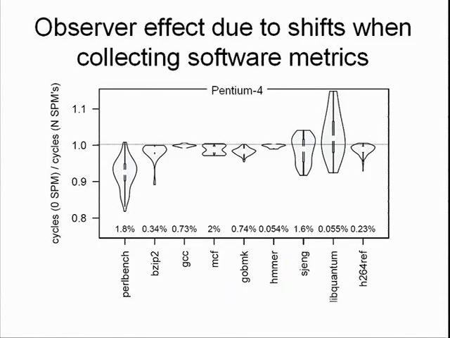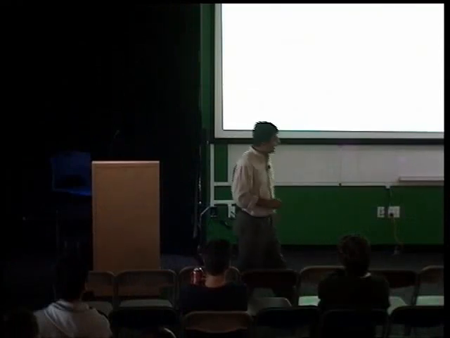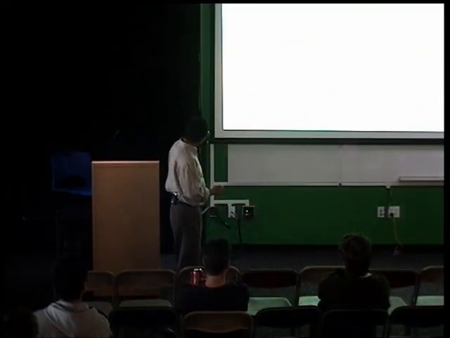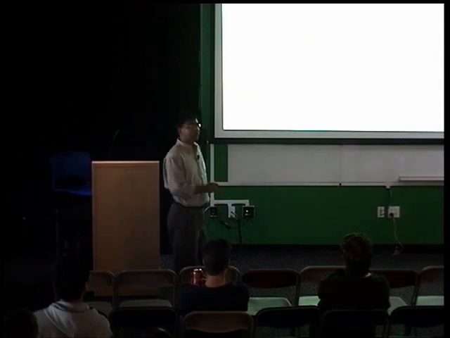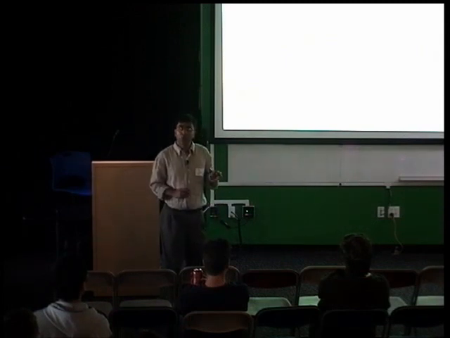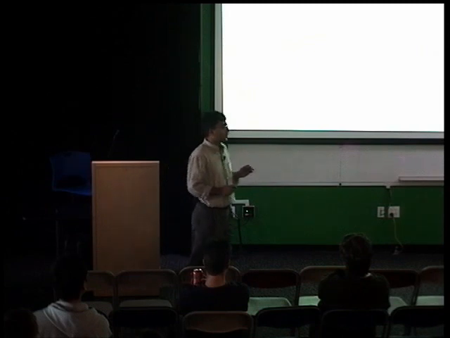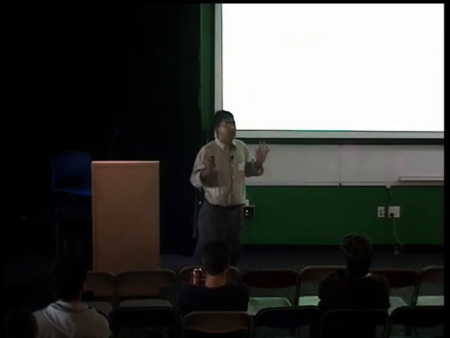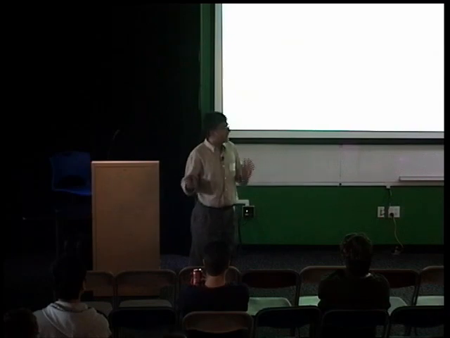Now, you might wonder, if we have added a lot of instrumentation to collect the software metrics, then we expect a big change in performance. Well, it actually turns out that that's not the case here. The numbers above the x-axis tell you how many instructions we added dynamically for collecting our data.